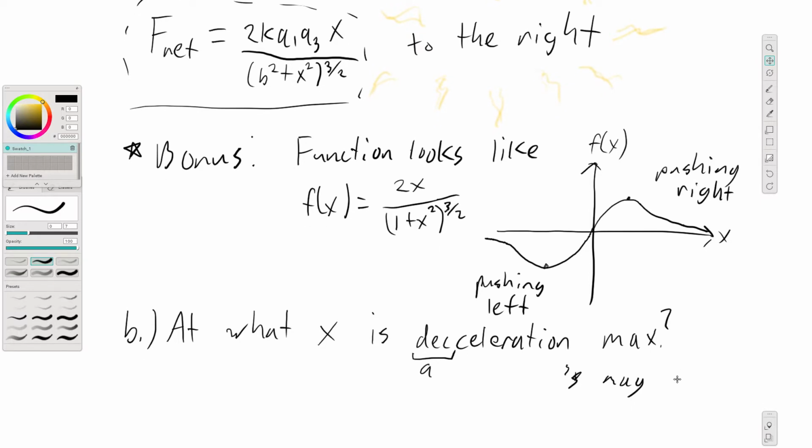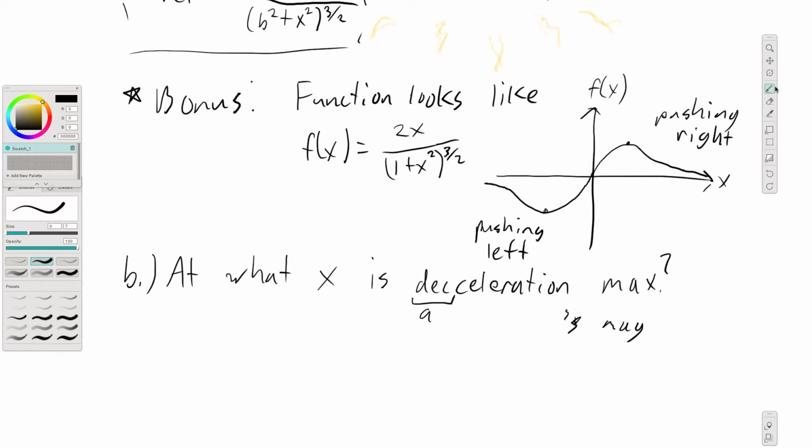And we then say, okay, this is actually a question about force. Where is F a maximum? Well, because we did that little bonus exploration, we saw that there is a maximum and it's somewhere over here. We don't know exactly where that maximum is, but we know how to find it.